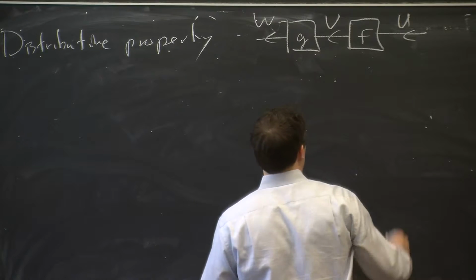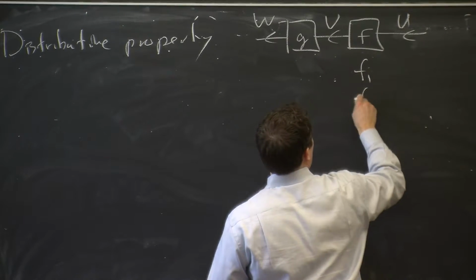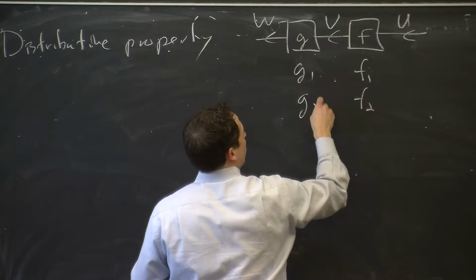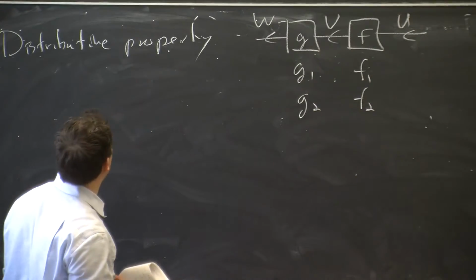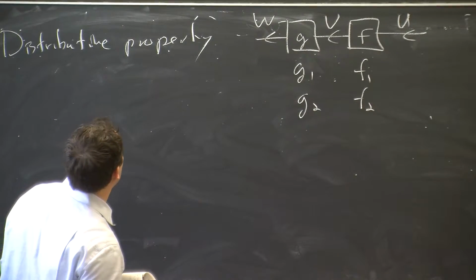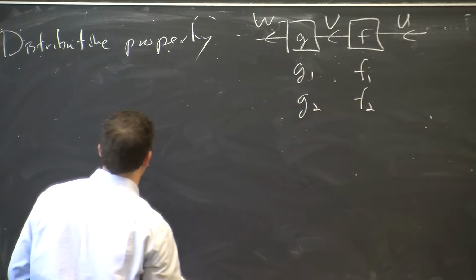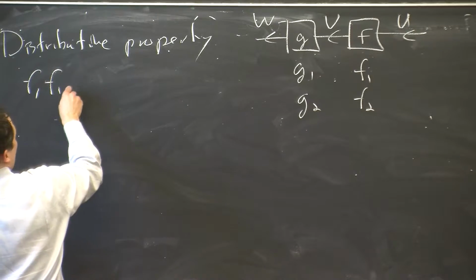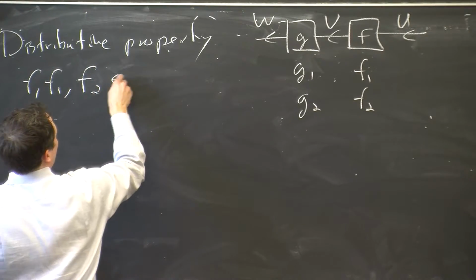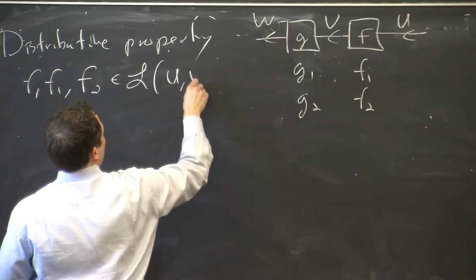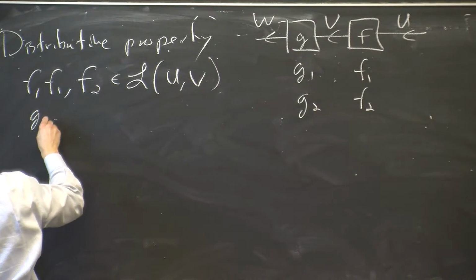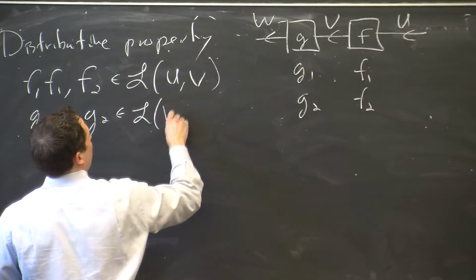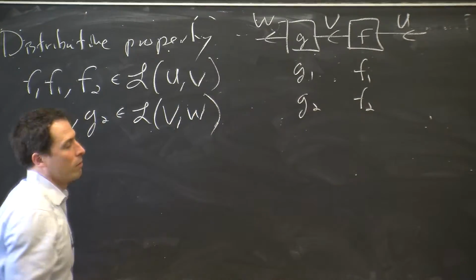We have F, F1, and F2 that go from U to V. We have G, G1, and G2 that go from V to W. In other words, F, F1, and F2 are all linear maps from U to V, and G, G1, and G2 are all linear maps from V to W.